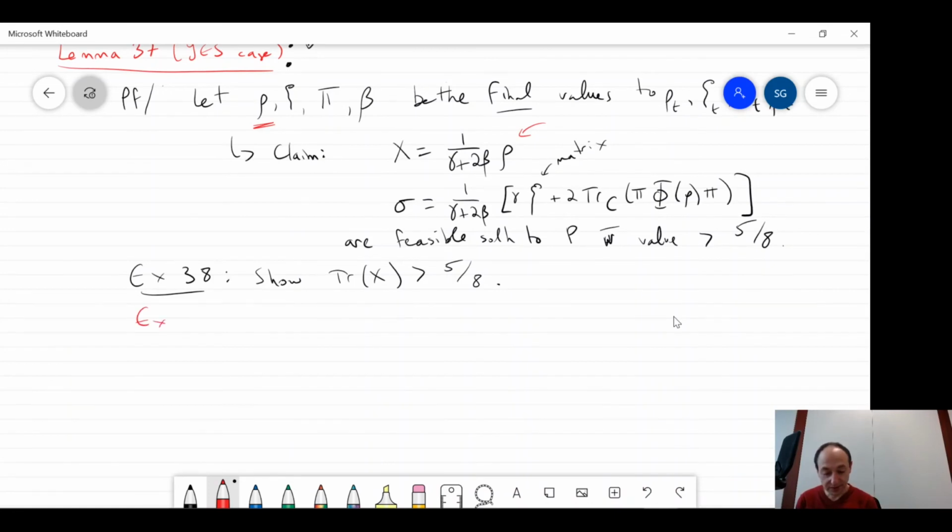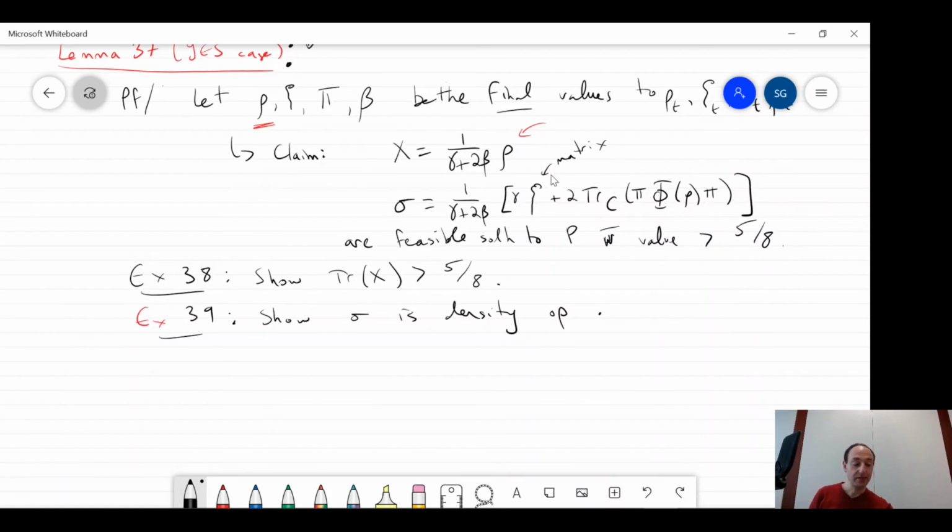The other sanity check you should do is show that sigma is a density operator. So take the trace, for example, and make sure the trace is 1. You can see there's gamma already here and a gamma here. You also have to prove it's positive.